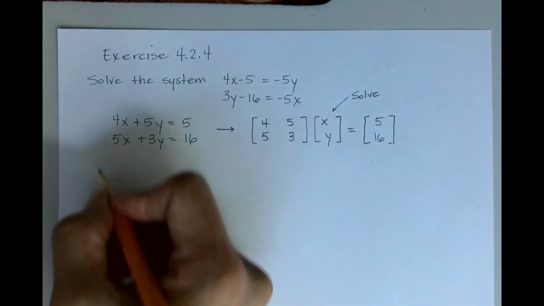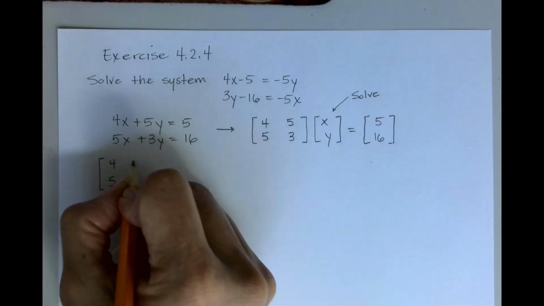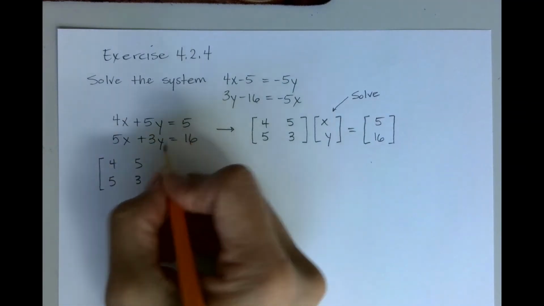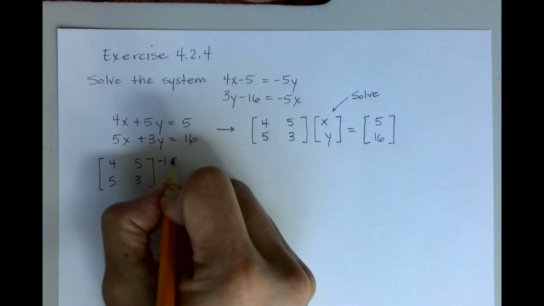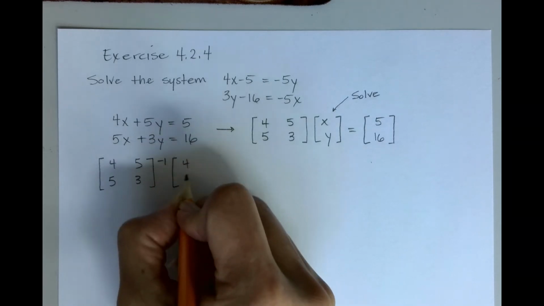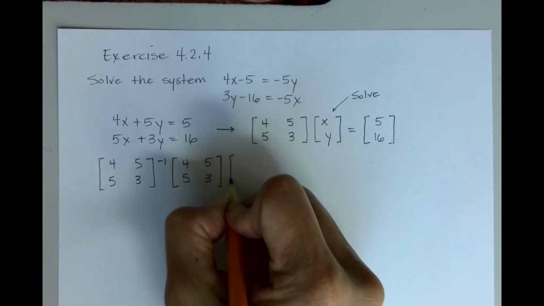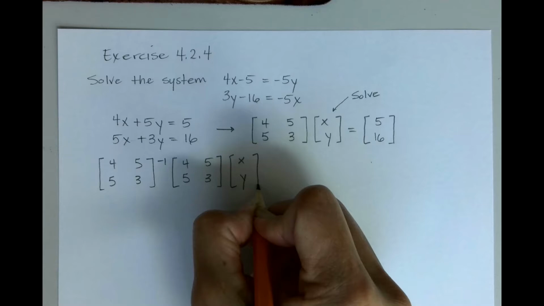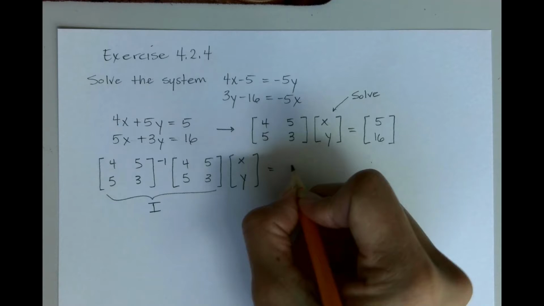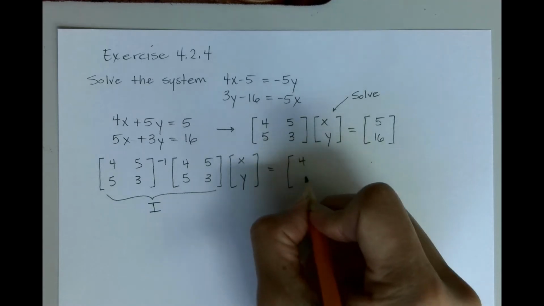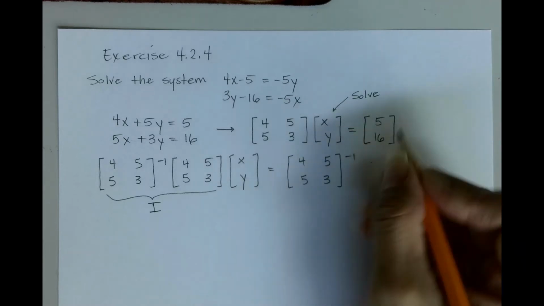So in essence, I am taking 4, 5, 5, 3 and multiplying it by this, so that we get the identity matrix. And in so doing, we have isolated the x and y.